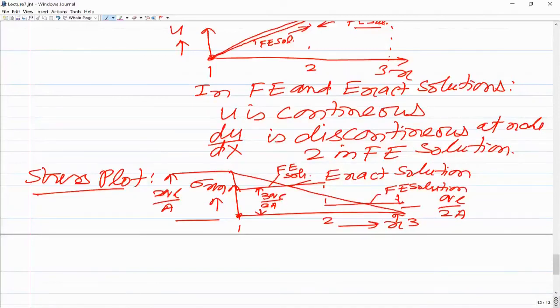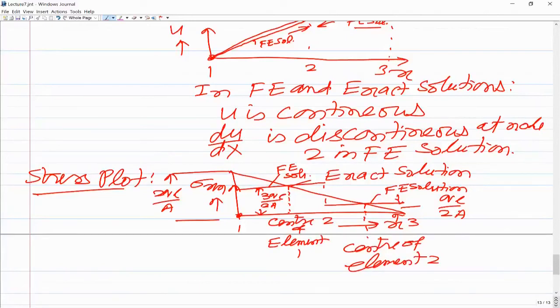You will see the results are only matching at the centers of the element. This is the center of element 1, and this is the center of element 2. At those places only the values are matching. At all other places there are differences.